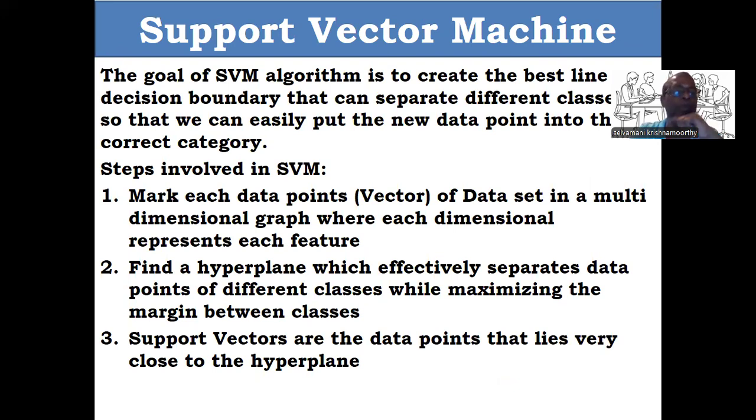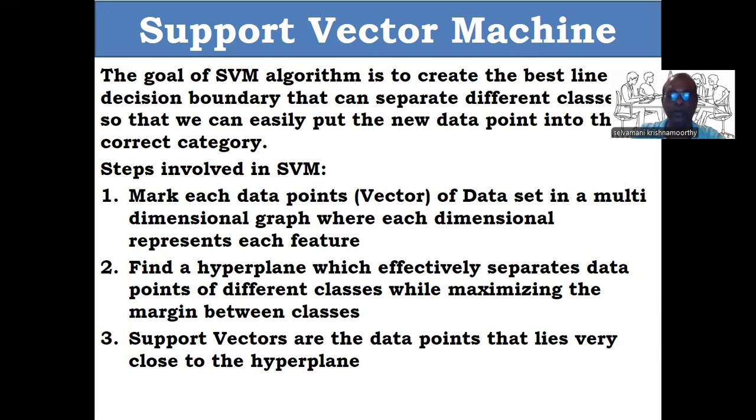See, the goal of the support vector machine, simply the SVM algorithm, is to create the best line of decision boundary. This decision boundary, we can call it the best line or hyperplane, separates different classes.